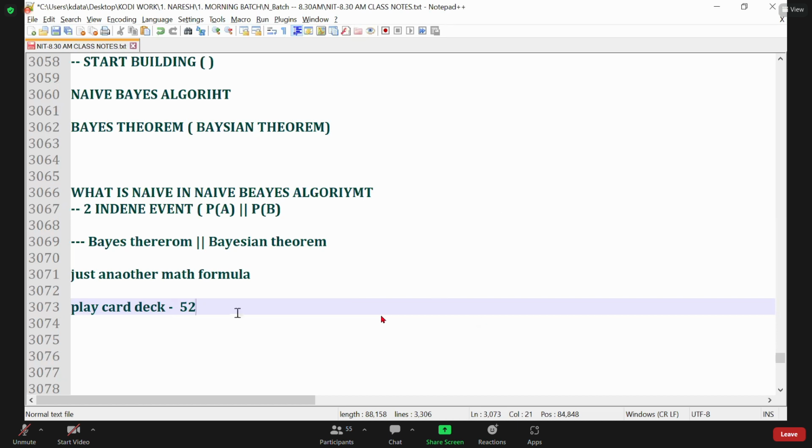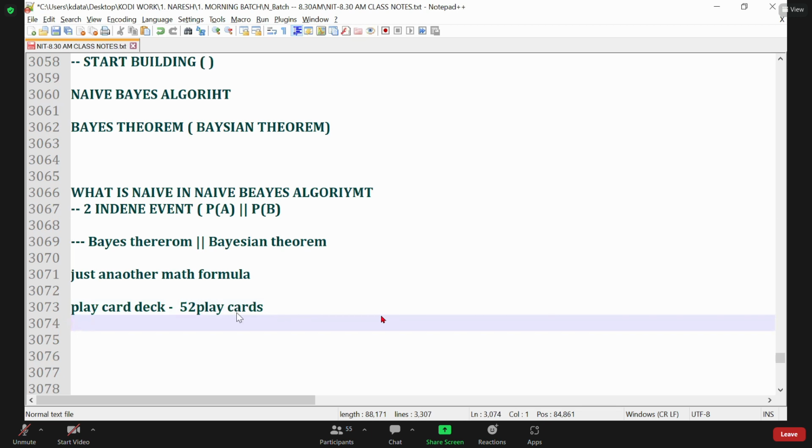In playing cards, we have 52 cards. And in every deck, we have some face cards. What are the face cards?